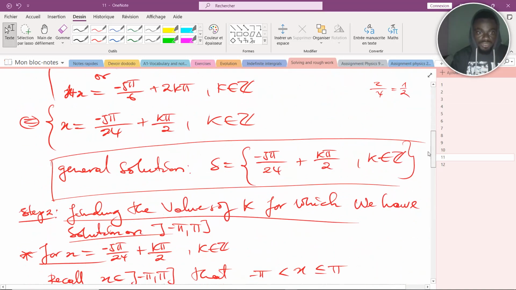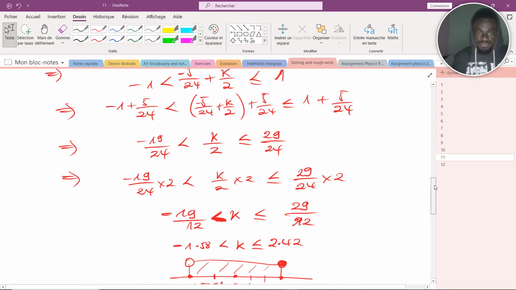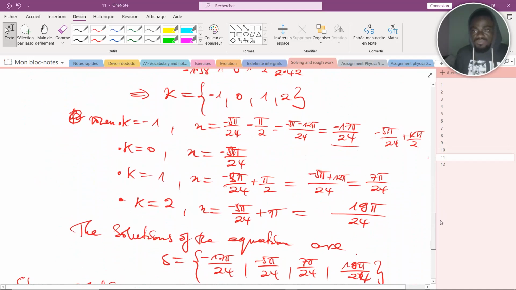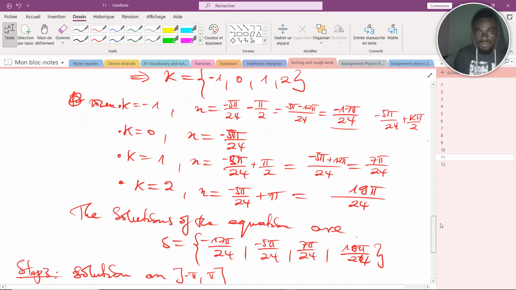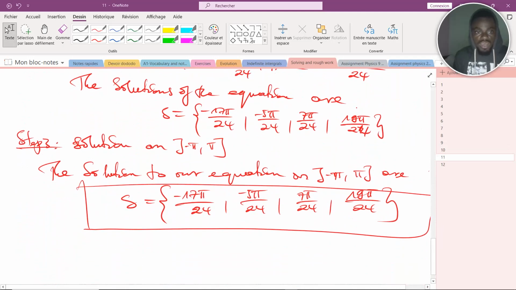After finding the general solution, you need to find the values of k for which you have solutions on the interval, and from there, you deduce the corresponding values of x, the angles that you are looking for. Then you conclude. Is that okay? Always follow these steps for your work to be well organized.